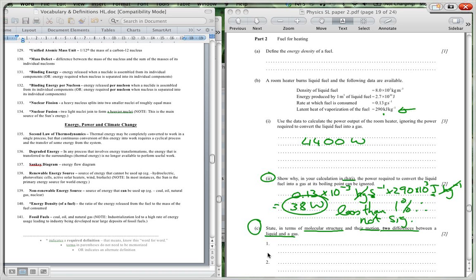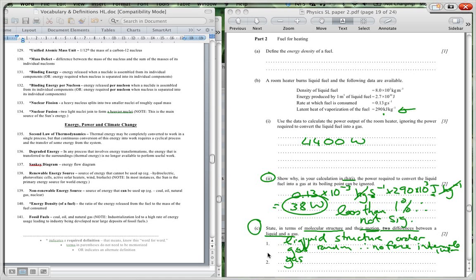In molecular structure, in a liquid there is structure, some sort of order, whereas a gas is random, and there are no intermolecular forces in between.